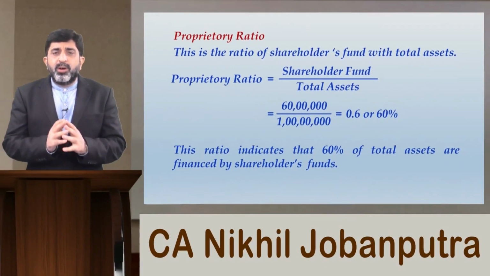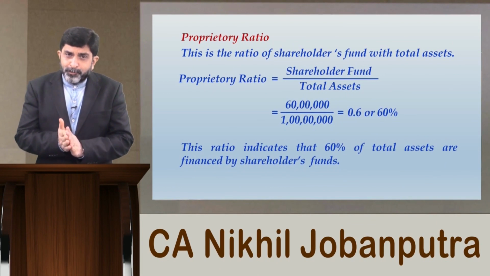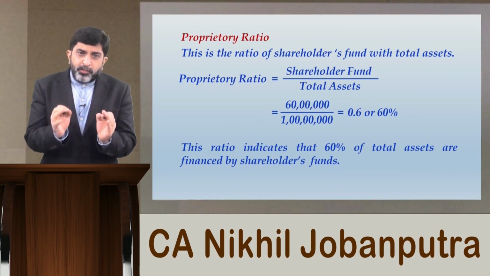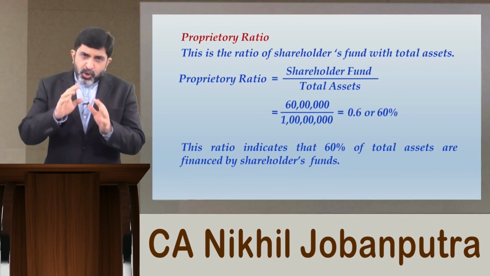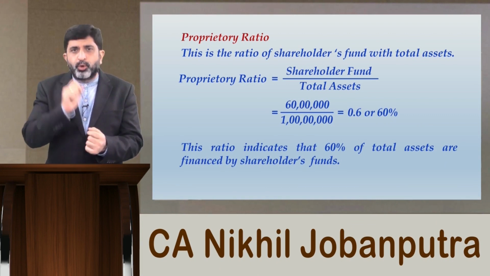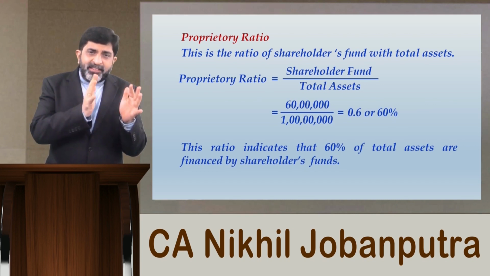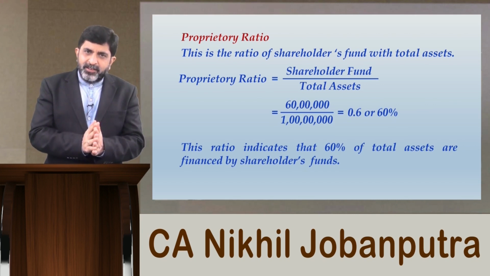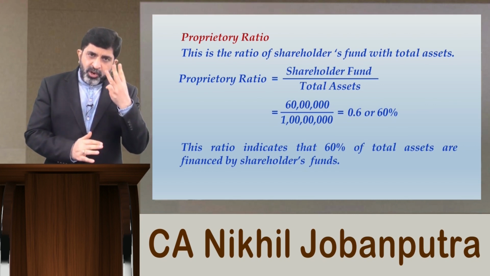Let me give you a small explanation over here. If you carefully observe the balance sheet, you would see that total amount of assets, it is 1 crore. When you look at the equity and liability side, you will see three components.